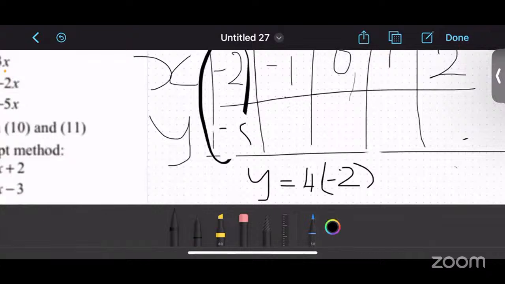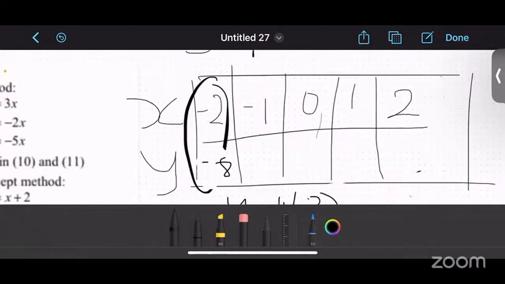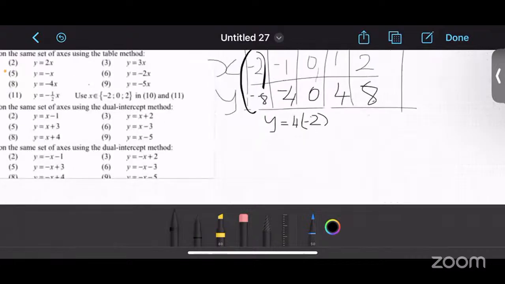So when your x is equal to minus 2, your y is equal to minus 8. And then we're going to have minus 4, 0, positive 4, and positive 8. Okay, now these are the coordinates. Yes, you can continue, Zira.